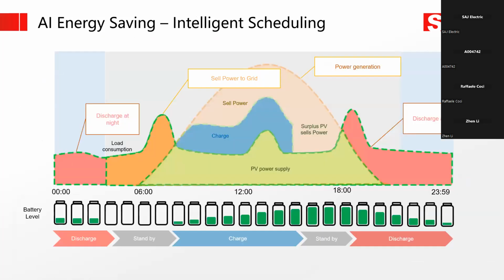And the way we achieve this is we run the system smartly based on the local electricity price and the weather forecast. Firstly, we would store more electricity when the price is lower, and we would sell more electricity when the price is higher.